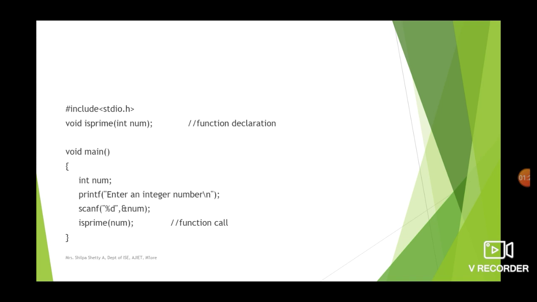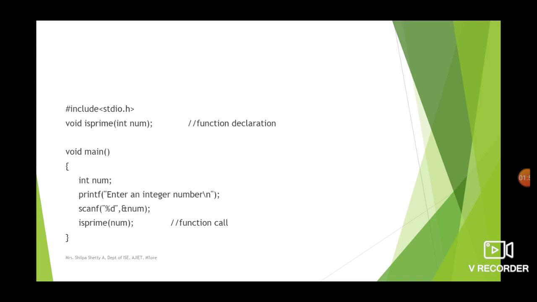We have declared the function like this: void isPrime(int num). That means the isPrime function takes a number as parameter and does not return any result, so the return type is void. isPrime is the name of the function, and int num, num is the parameter taken by this function. This is the function declaration because it is the header of the function followed by a semicolon.